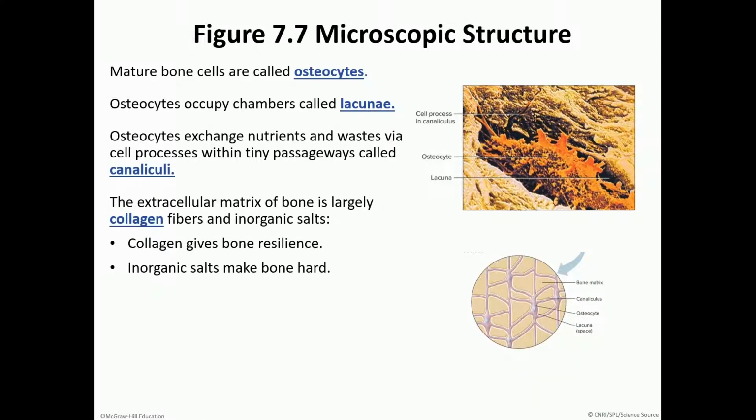Now for the microscopic structure of bone, the mature bone cells are known as osteocytes. So cyte means cell and osteo means bone. And osteocytes are found within chambers known as lacunae. So what happens is that these little tiny osteocytes are surrounded by connective tissue, and that connective tissue is made out of collagen and lots of calcium and other inorganic salts.